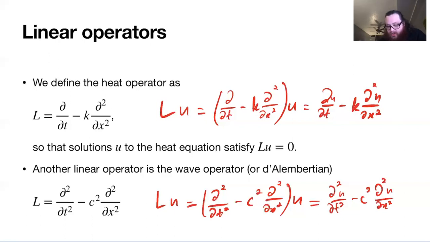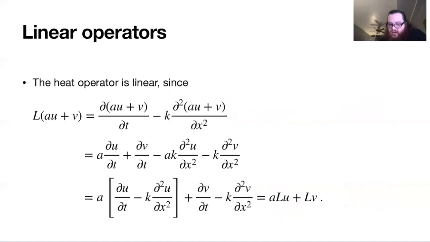Okay, and so one question is, well, why are these linear? What's the verification in that? And so that's something that we can check. So here, u and v are functions. They're as differentiable in both t and x as we need them to be.